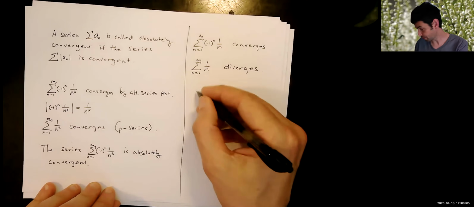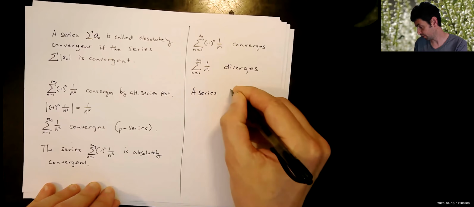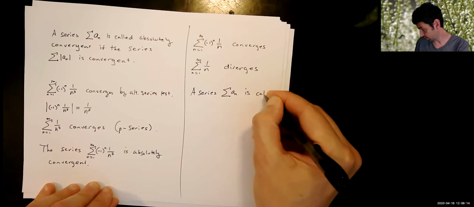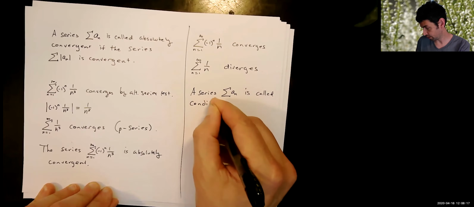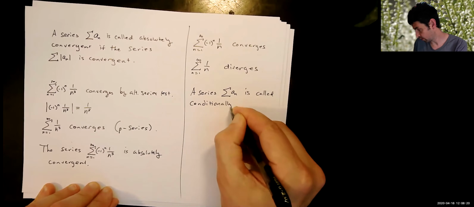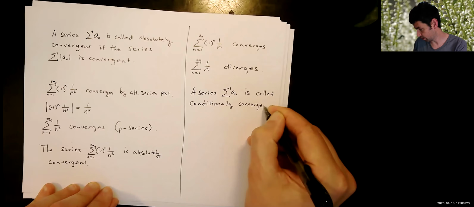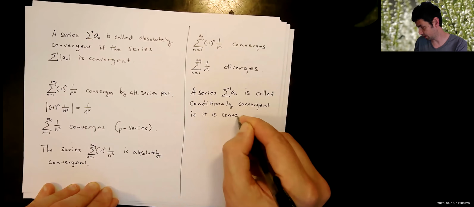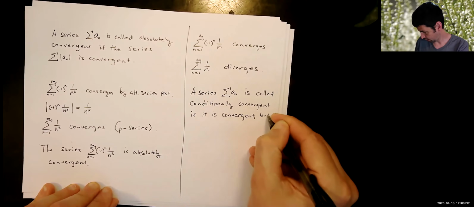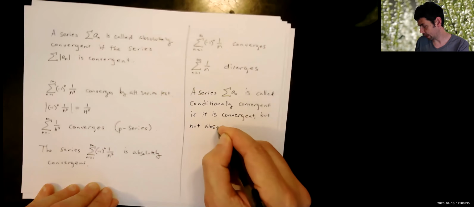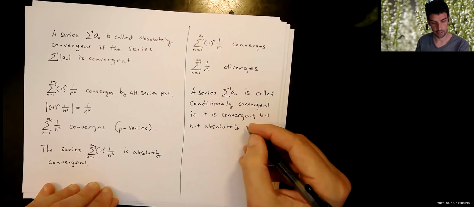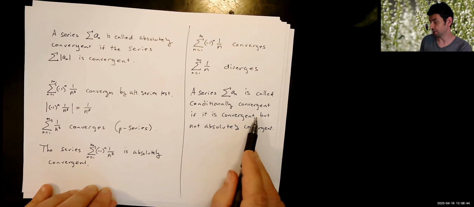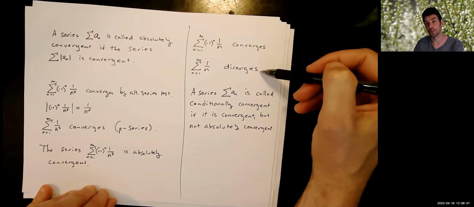In other words, we say a series, the sum over the a sub n's, is called conditionally convergent if it is convergent, but not absolutely convergent. Okay, so you can be convergent like this one, but not absolutely convergent.